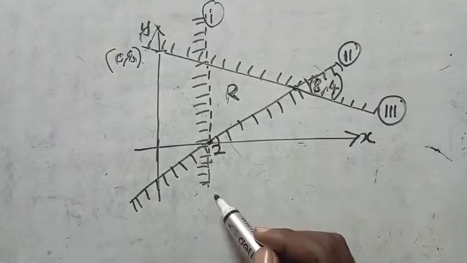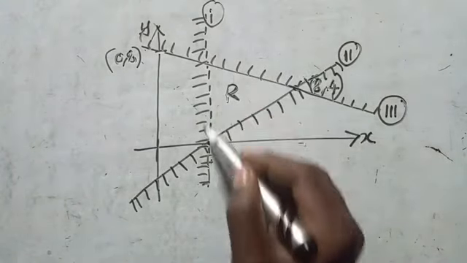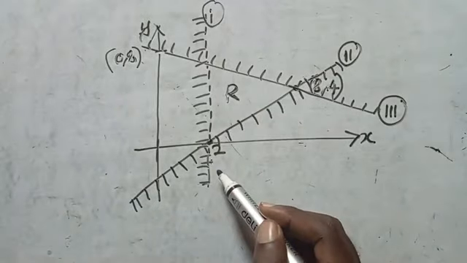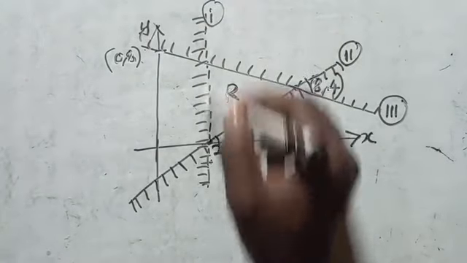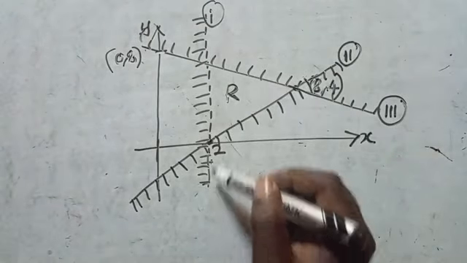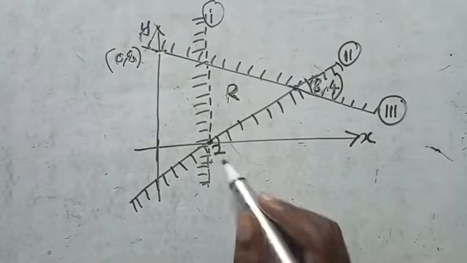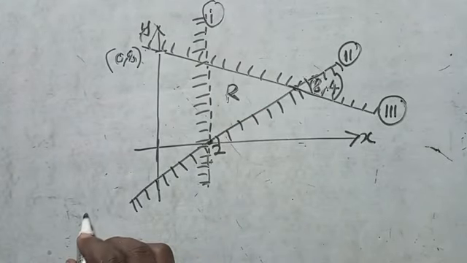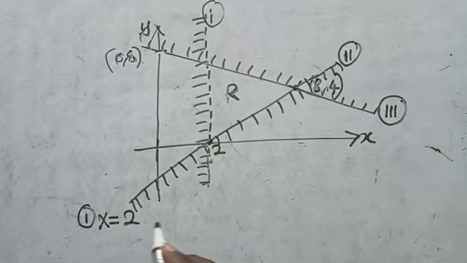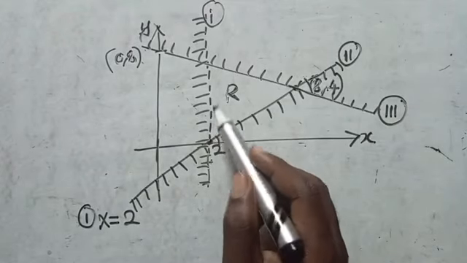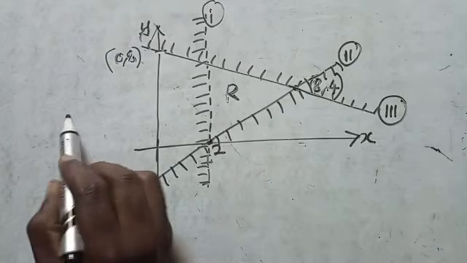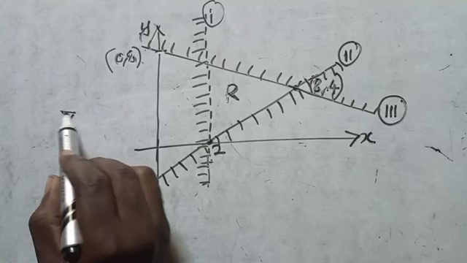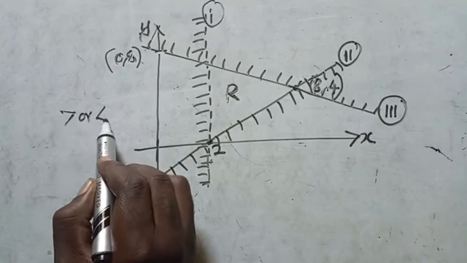I say, okay, this inequality that is here is simple, because this is just straight and it is cutting the x-axis at 2. So the first one is very simple: x is equal to 2. Since it is dotted, I'm supposed to use greater than or less than.